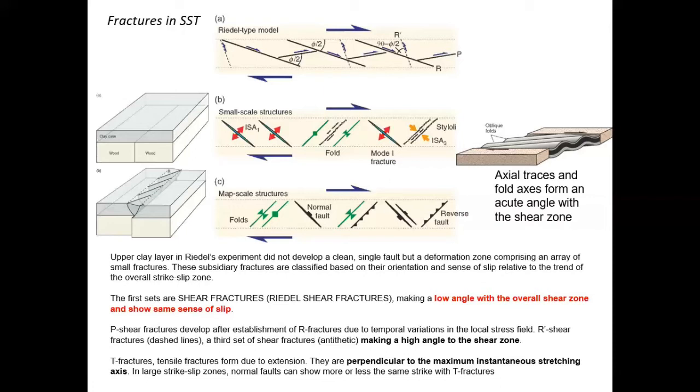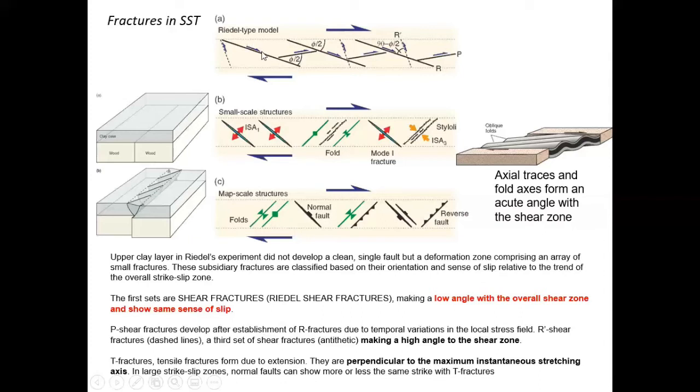Okay, right. So then third structure that can form during the same deformational phase are P fractures. P shear fractures develop after establishment of redoubt fractures due to temporal variations in the local stress field.